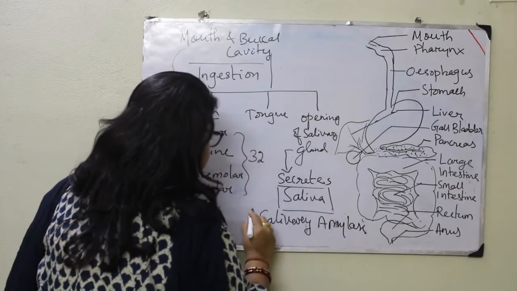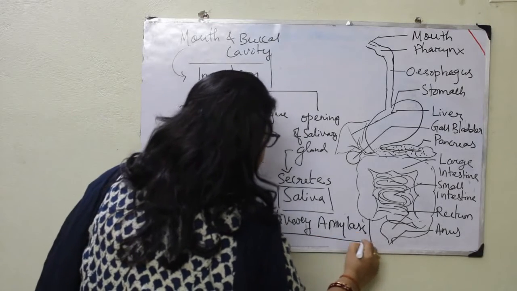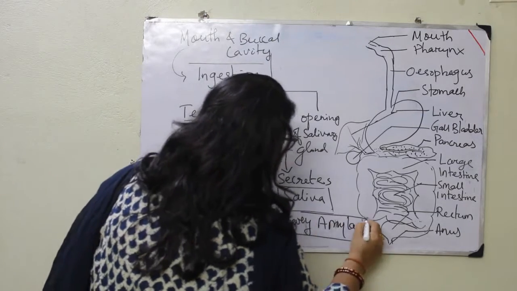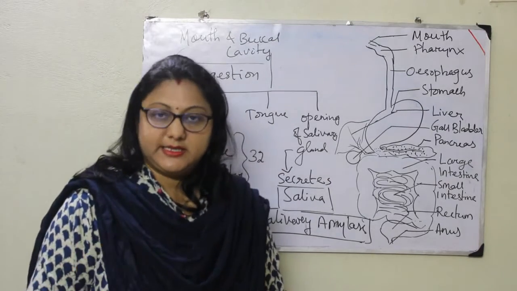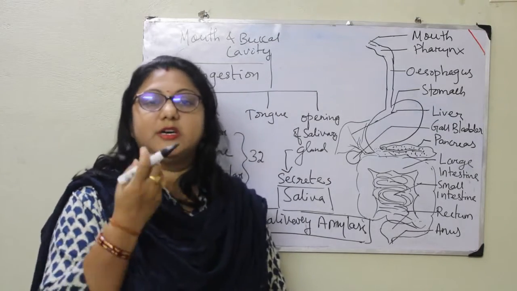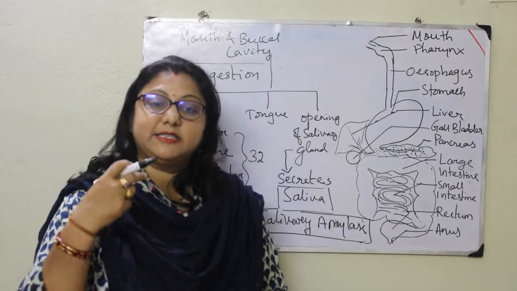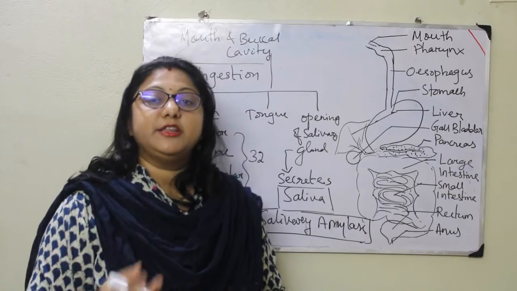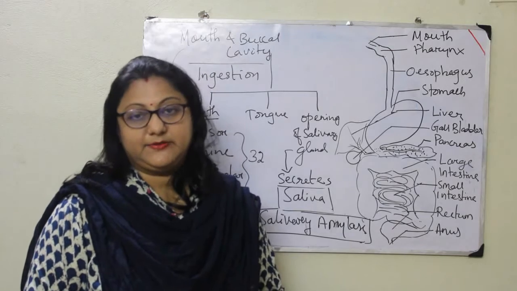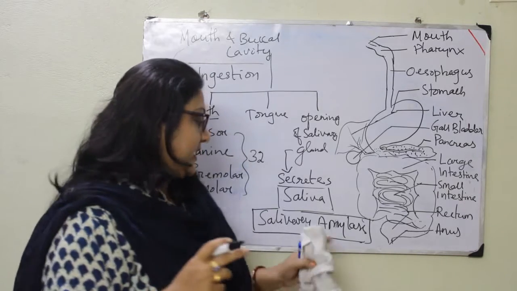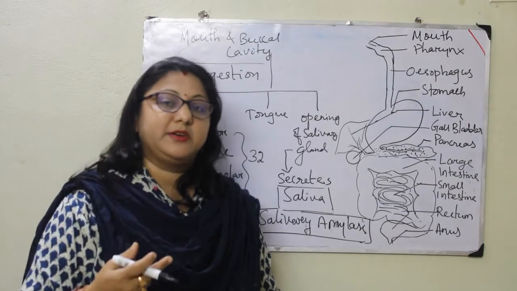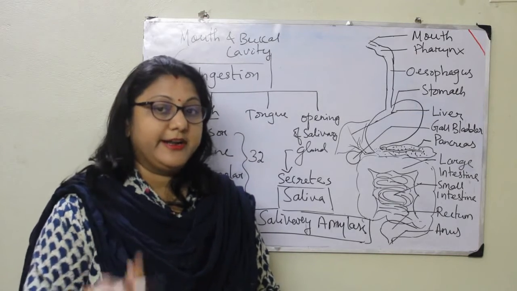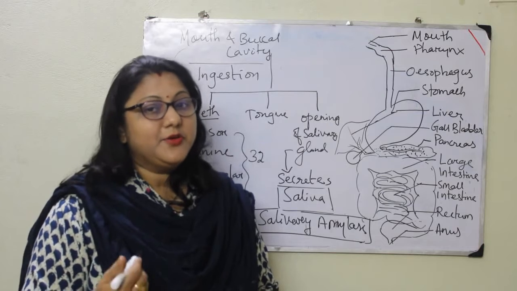Salivary amylase is an enzyme which can act on carbohydrate food and starts the digestion in the buccal cavity itself. Clear? So the enzyme is capable enough to digest 90% of the carbohydrate we eat in our food.